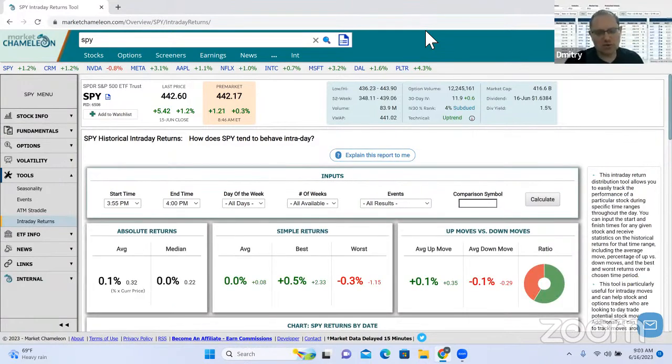When you get to this page, this tool analyzes the particular symbol you're on. We're on SPY. It analyzes intraday returns. A lot of times you'll look at the distribution of returns, referencing close to close, open, high, low, close. But there are a lot of things going on within the day.